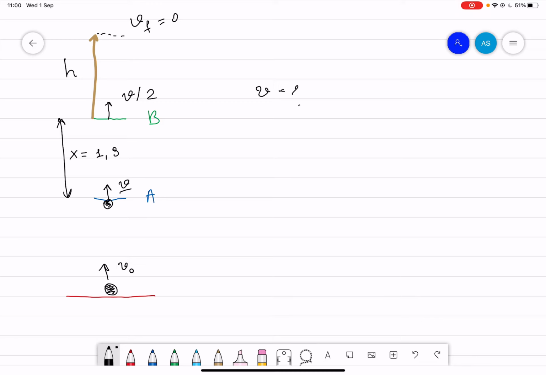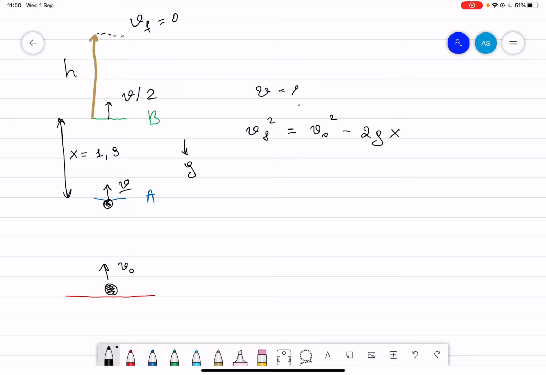Okay, so what equation do we have to use? One of them will be v final squared equals v initial squared minus 2gx. Minus g, because g is pointing downwards, okay? Therefore I made it minus g. Okay, then what do we have?